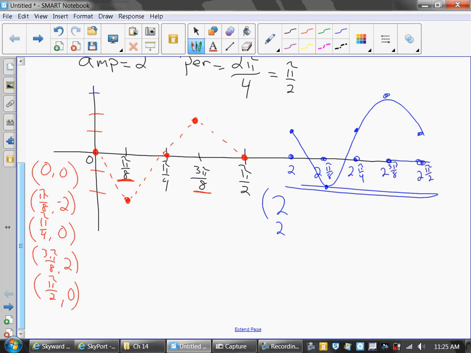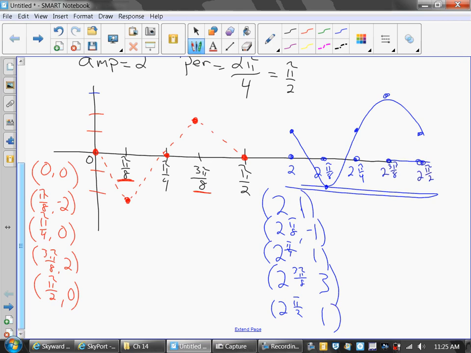So it's 2 and pi over 8, 2 and pi over 4, oops, 2 and 3 pi over 8, and 2 and pi over 2, and now we're at 1, negative 1, 1, 3, and 1. Okay? And that's what I want you guys to be able to do. You're taking your original values, plotting the parent function, listing the ordered pairs really quick, and then going back and relisting out your shift. Okay?